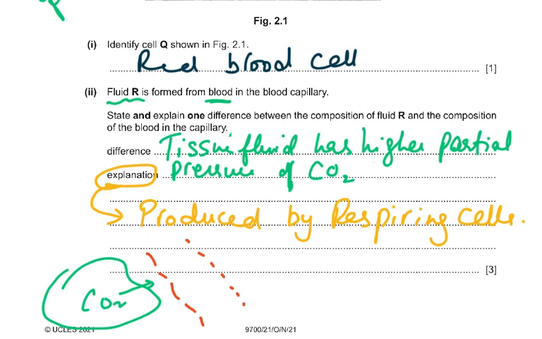So tissue fluid is this fluid outside the cell. So there's more carbon dioxide. So tissue fluid has a higher partial pressure of carbon dioxide. Why? Because it is produced by the respiring cells. Of course, the carbon dioxide will diffuse into the capillary, but it will take some time to diffuse. I'm not saying a lot of time. So this is produced by the respiring cells.